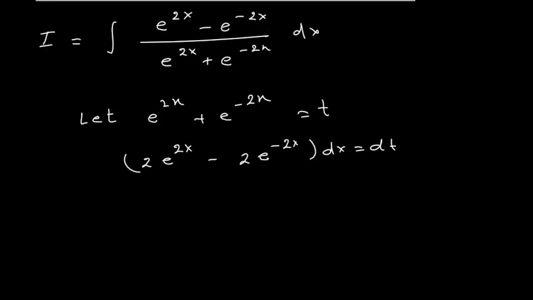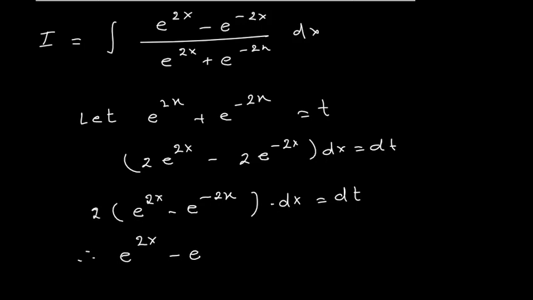Once I take 2 common, here I have e power 2x minus e power minus 2x into dx, and this is equal to dt. Here in the numerator I have e power 2x minus e power minus 2x. So therefore e power 2x minus e power minus 2x into dx, this whole term, is 1 upon 2 into dt.